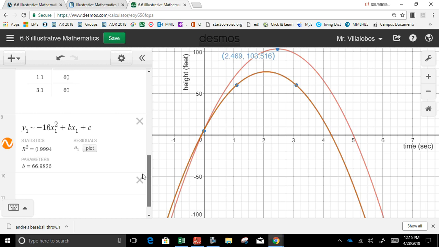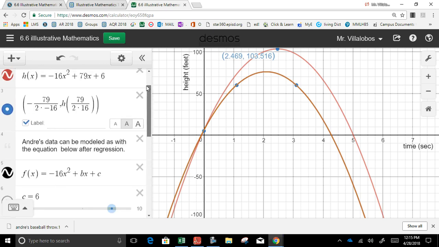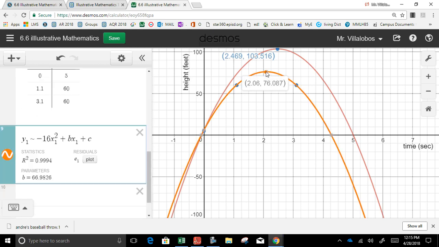And there again is the height. Around 2 seconds.